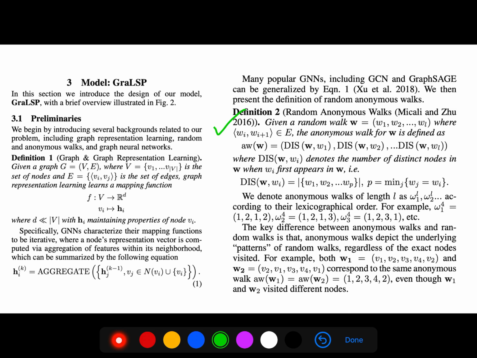The tool used is anonymous random walks, which I have also used in my paper GSAT, Graph Structure Attention Network, where I generalize graph attention networks to include structural information as well. Similar to this paper, everyone uses anonymous random walks because they capture the structural information very well.